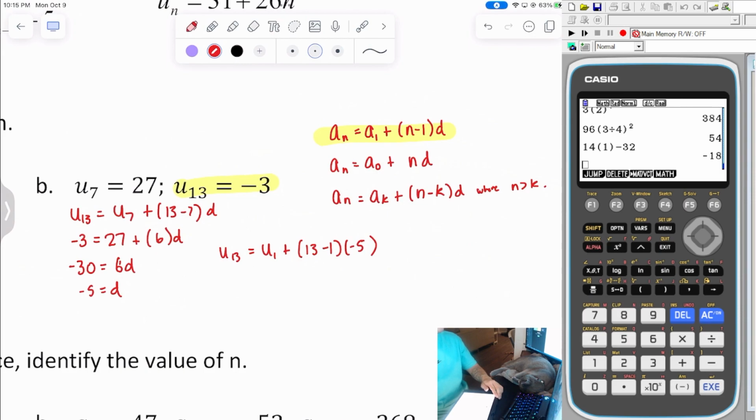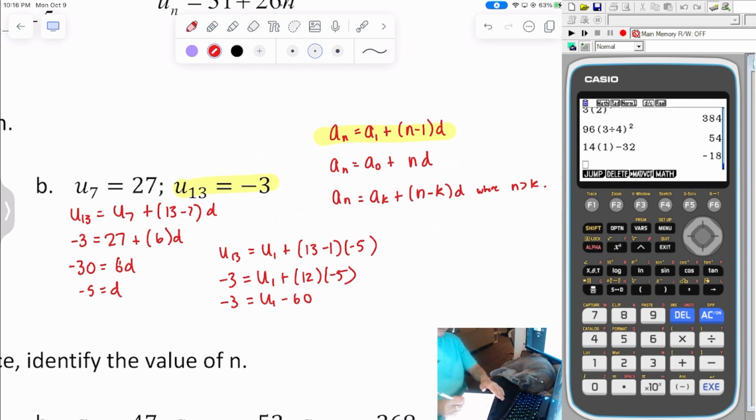So I know every single piece of this except for u sub 1, so we're solving for the first term now. So let's plug in what I know. I have negative 3 is equal to u sub 1 plus 12 times negative 5, which means negative 3 is equal to u sub 1 minus 60.